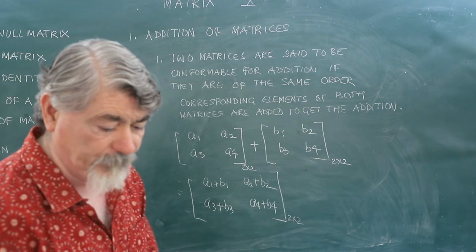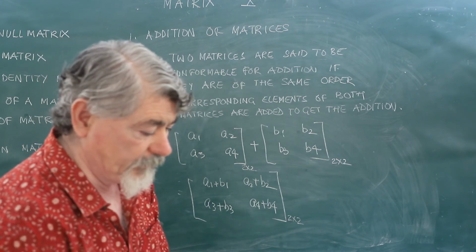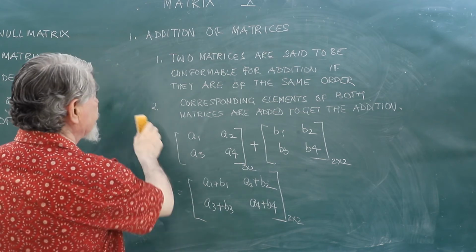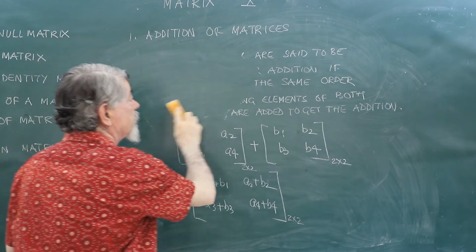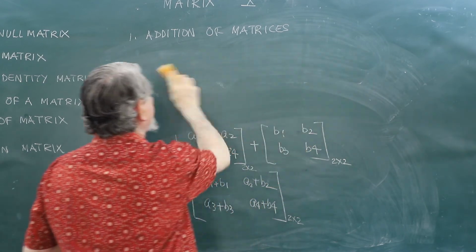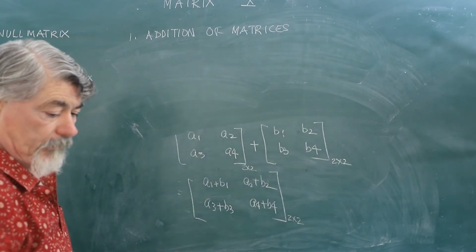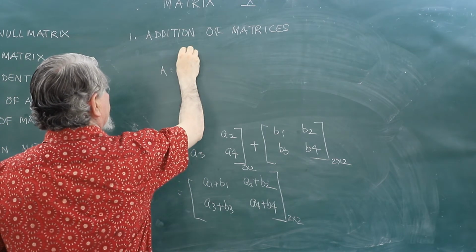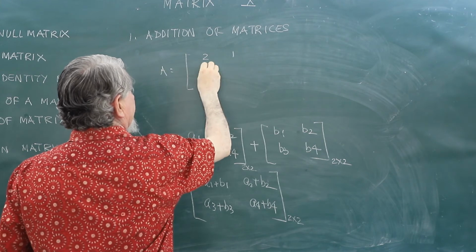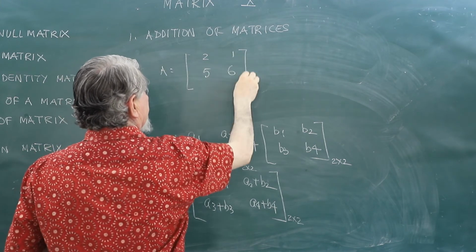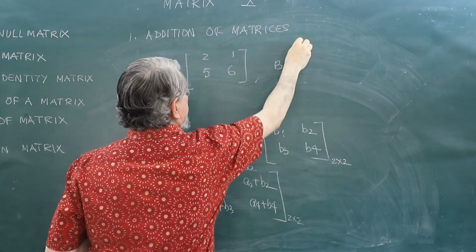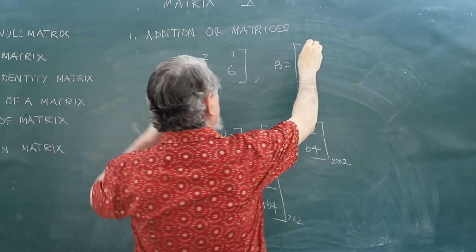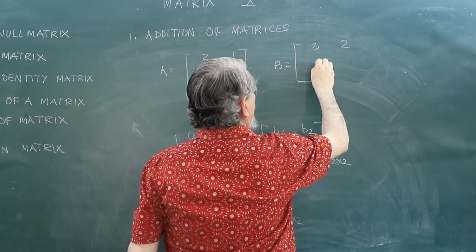Let us take an example of the addition. A is 2156 and B is 3214.